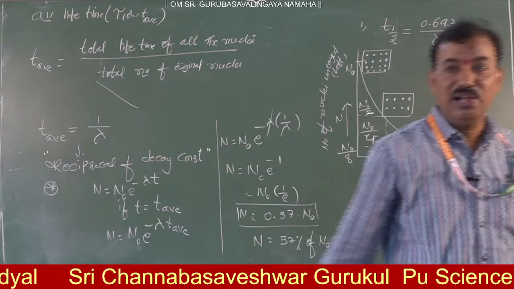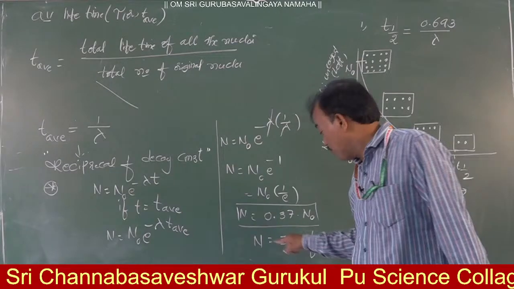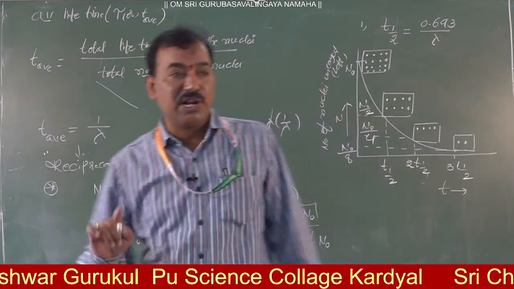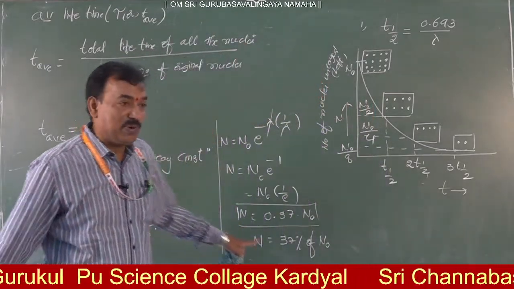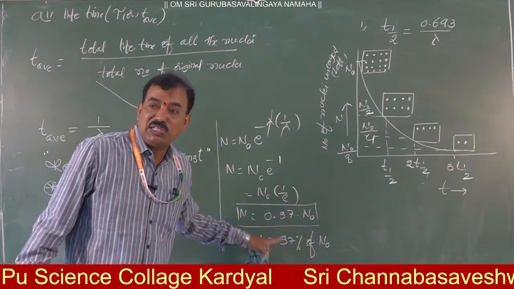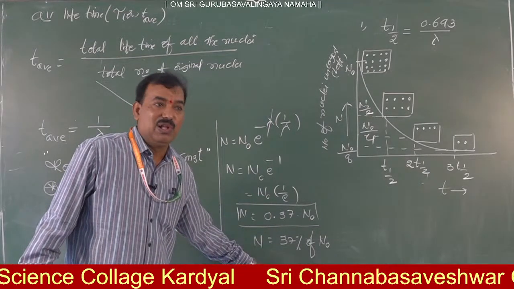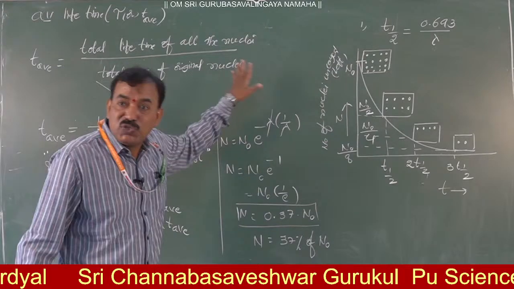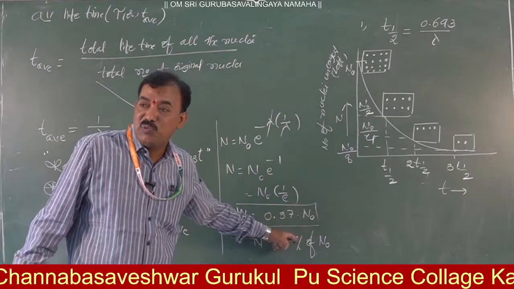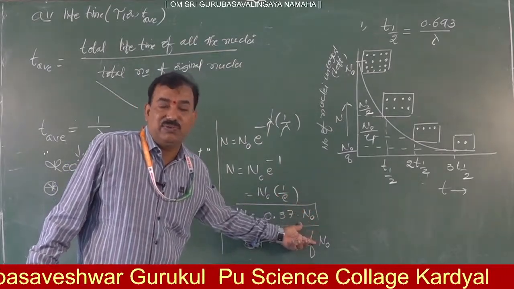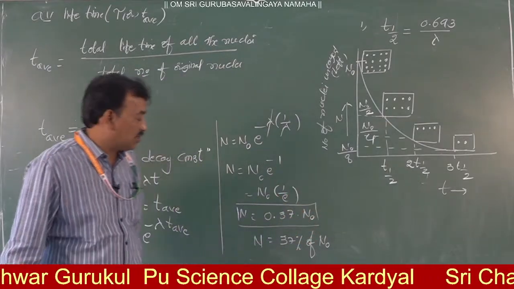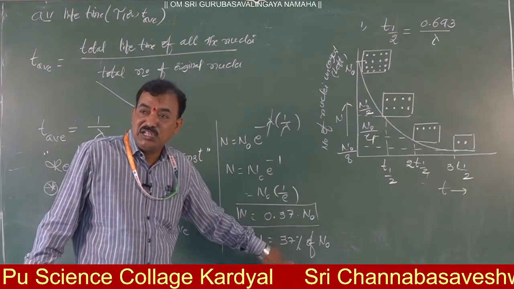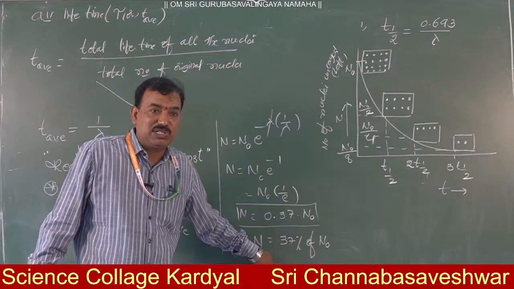If 37% remains, then how many nuclei decay? 63%. For example, I told you, from 1 crore, the final amount left is 4 lakhs, so the donation is 96 lakhs. In the same way, 37% remains, so the decayed percentage is 63%.